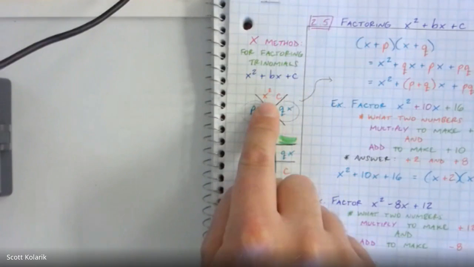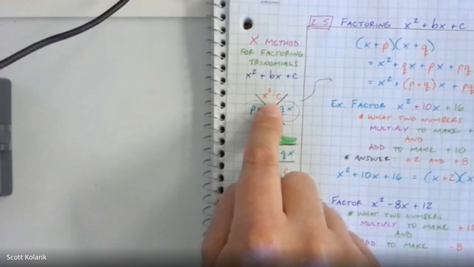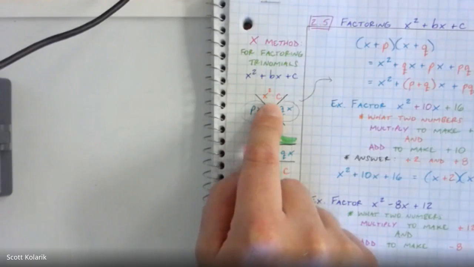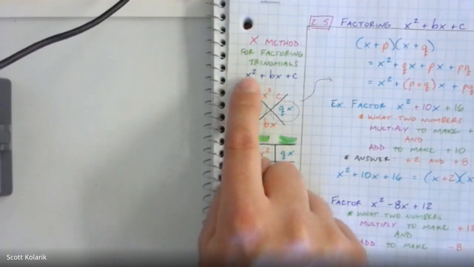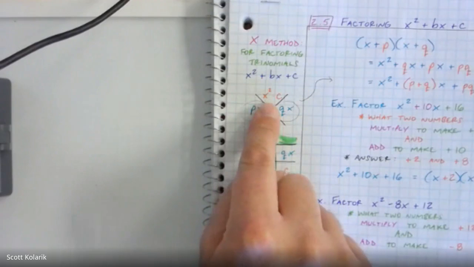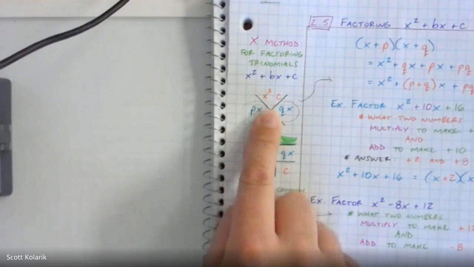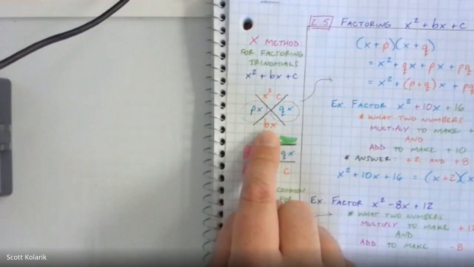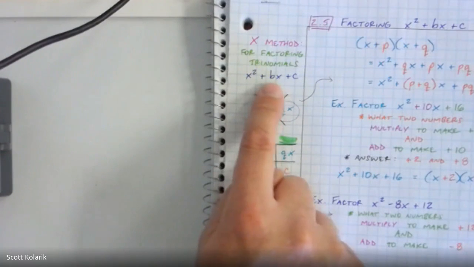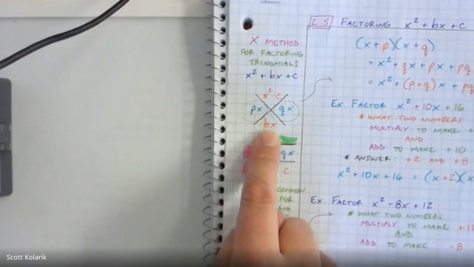So in this case, x squared times whatever c is. I'll apply this to some examples in just a moment, but I wanted to talk about the structure. So the first term times the last term, pulled directly and multiplied together, gives the top of my X method. The bottom of my X is going to be whatever the middle term was, positive or negative.